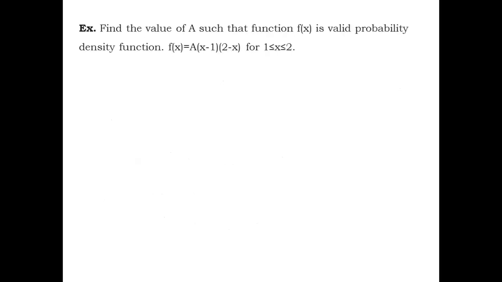Then continuous probability distributions. In this also, that is another very interesting part. I have already told that if a random variable is taking an uncountable number of values, then that is going to be a continuous type of random variable.